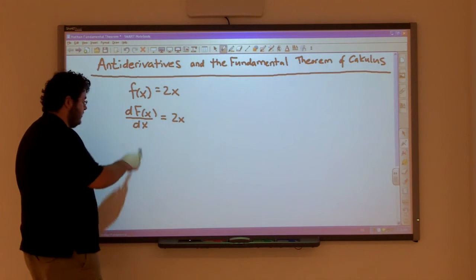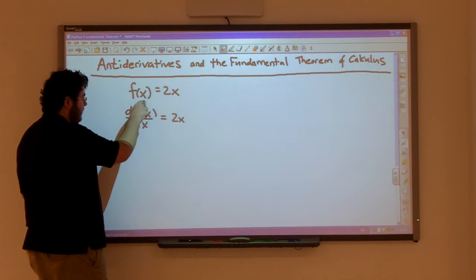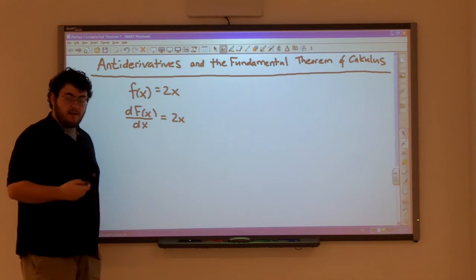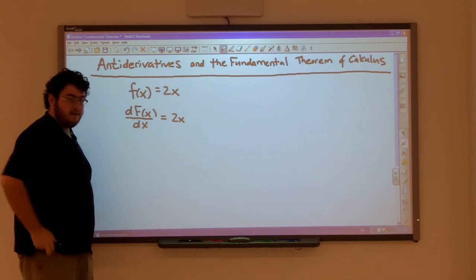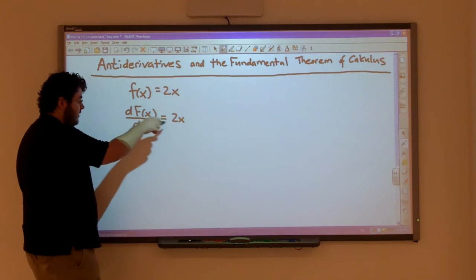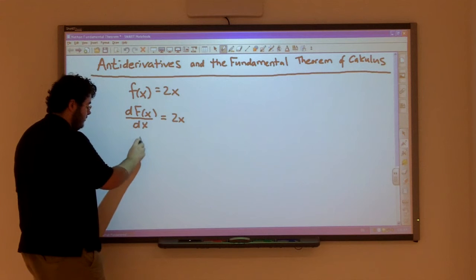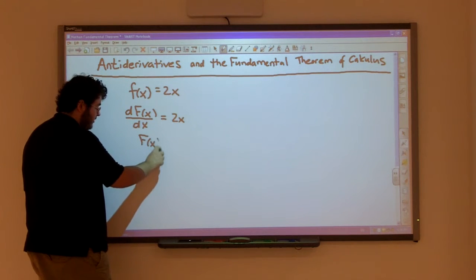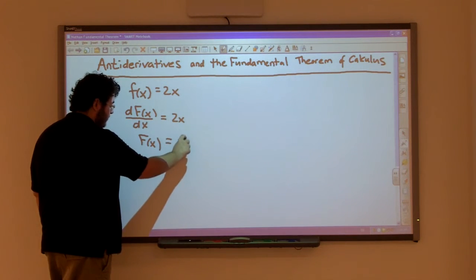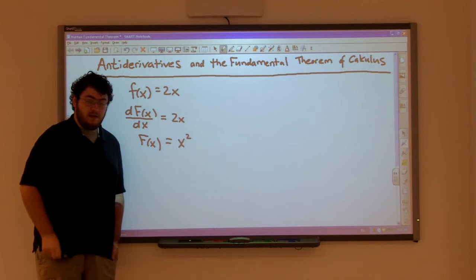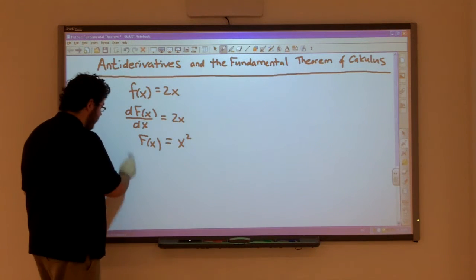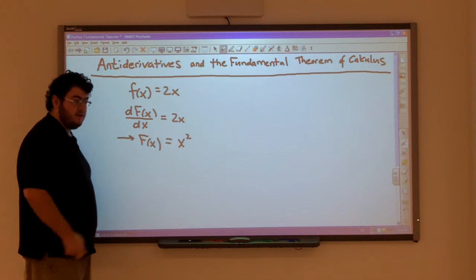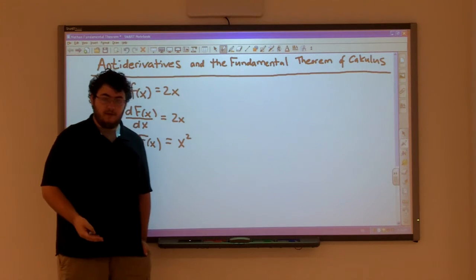Since whatever this is, you have to take the derivative of to get little f of x, we call capital F of x the antiderivative. So what do you take the derivative of to get 2x? Well, that one you can pretty much think of in your head: it's x squared, because when you take the derivative of x squared, the 2 comes down and you get 2x. So we call this the antiderivative, because it's what you take the derivative of.